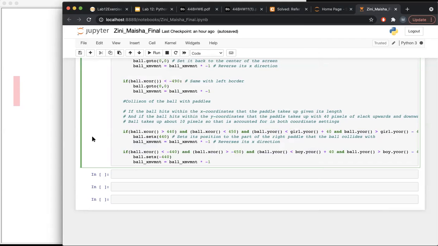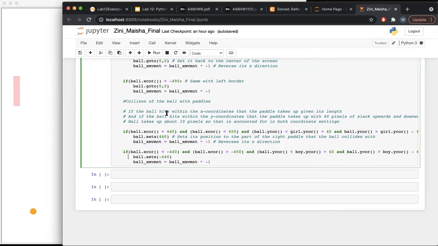So if the x coordinate of the ball is less than negative 440, but greater than negative 450, I'm so sorry, so within this range right here, and the y coordinate of the ball is within the range of the height of this paddle.